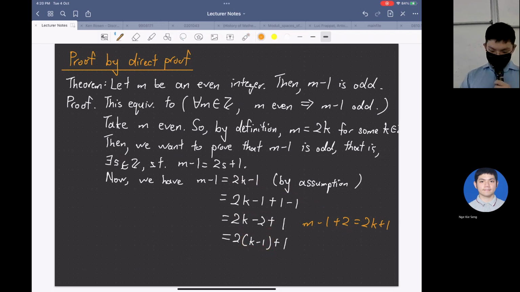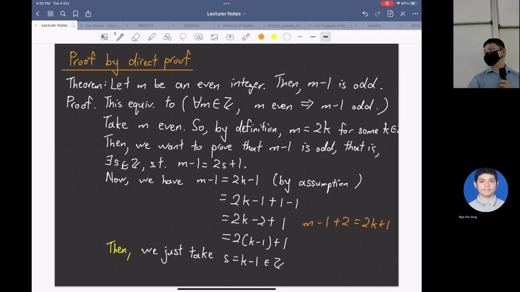Then we just take s equal to k minus one. Right, so I found this x here.